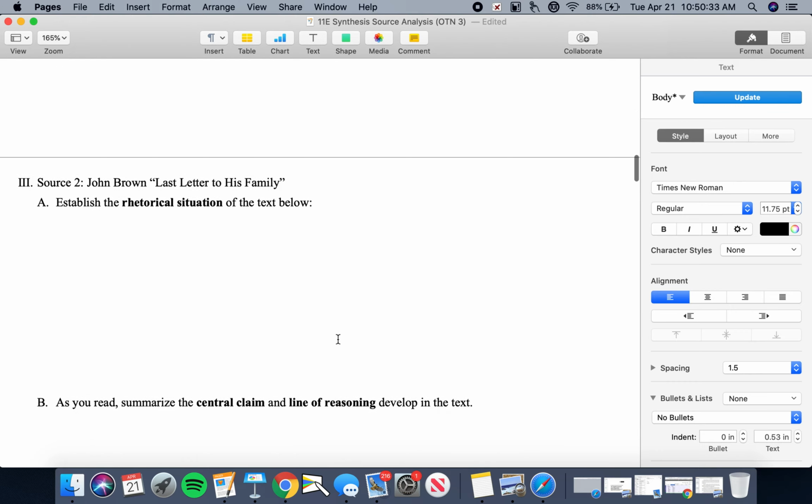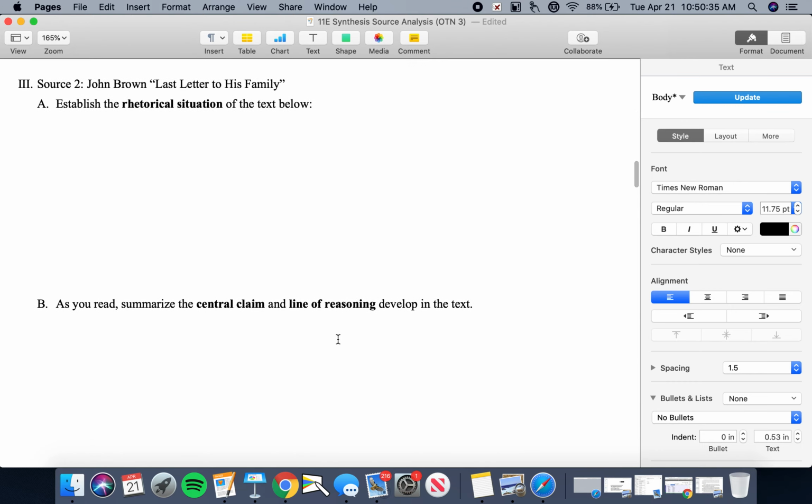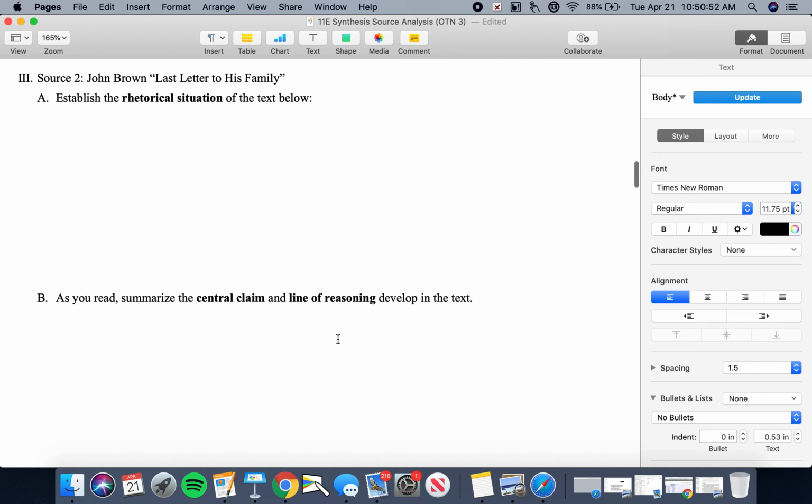All right. And then the second resource that gives us a kind of portrayal of John Brown's values, his sort of psychology, what kind of man he was, what kind of father he was, what kind of husband he was, is articulated to us in this last letter to his family, which was written days before his execution.